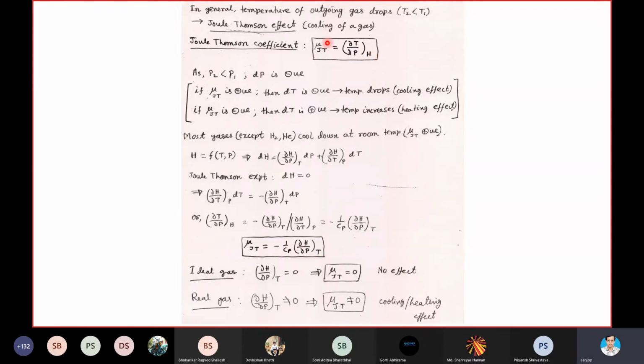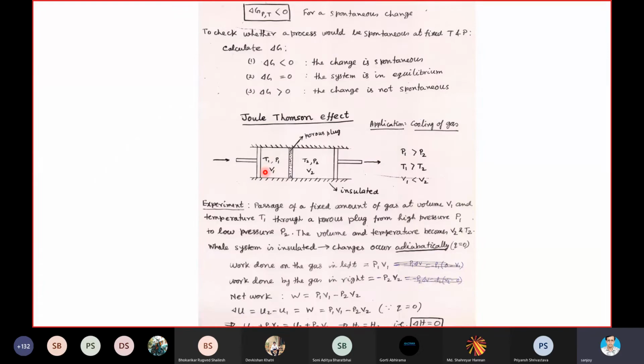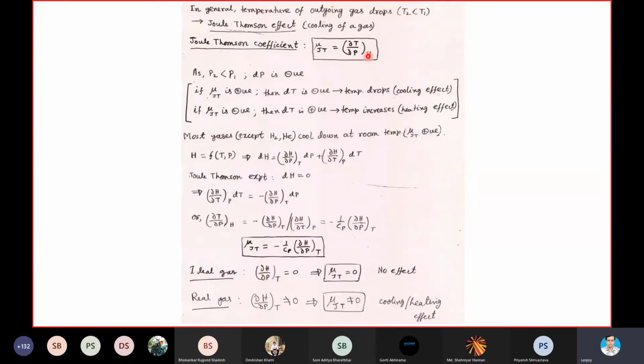So that's why this coefficient parameter was defined. Looking at its value, you can tell whether the effect will be a cooling effect or a heating effect. Clear? How? P2 is always less than P1. Here we told you the left hand side is high pressure and the right hand side is low pressure. So P2 is always less than P1, so dP is always negative.